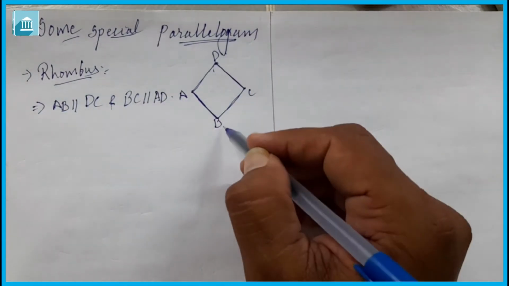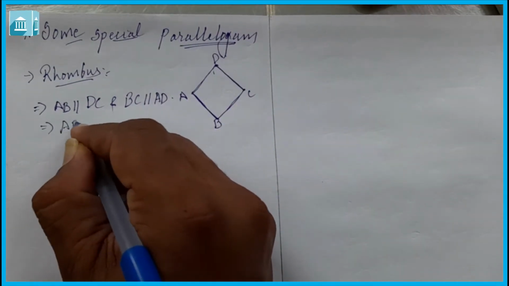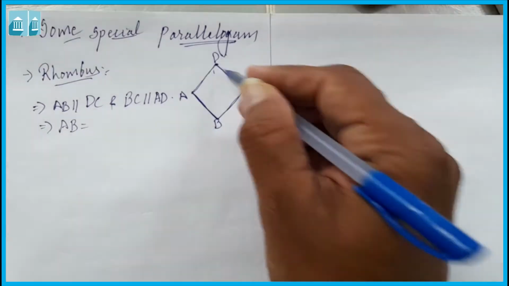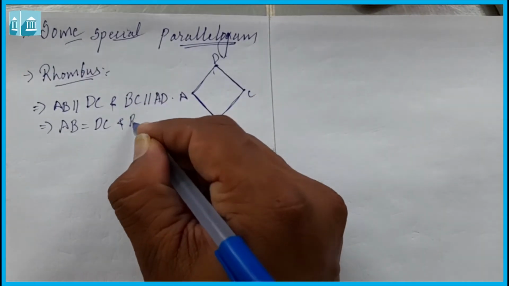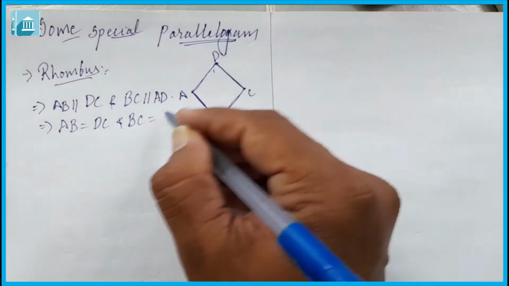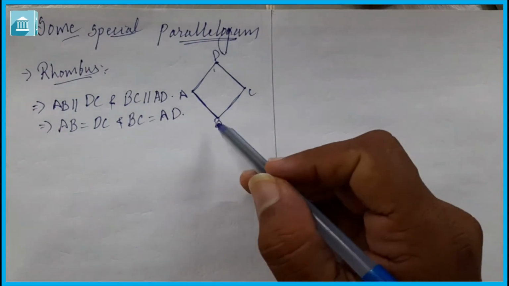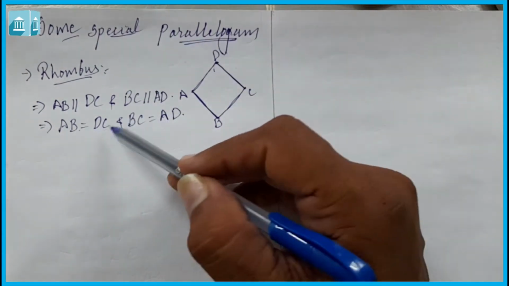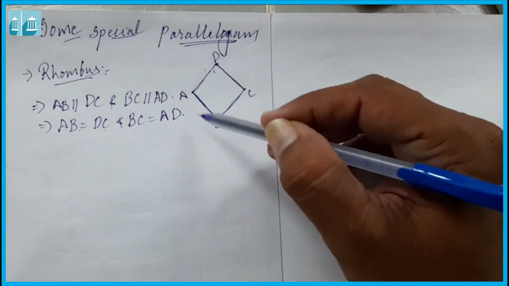In the same way, opposite sides are equal. AB is equal to DC and BC is equal to AD. All the properties of a parallelogram it has.